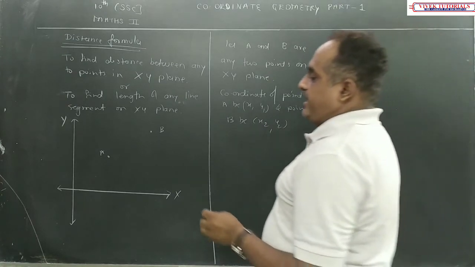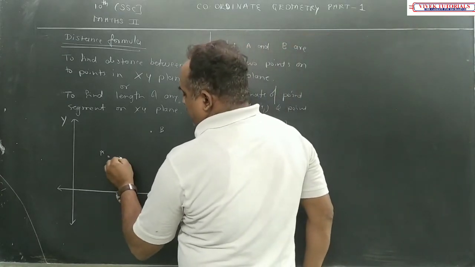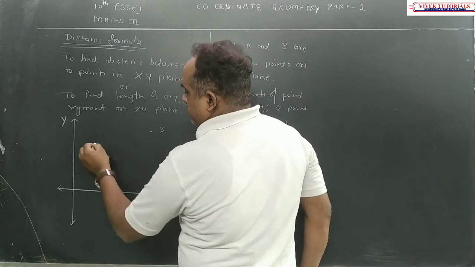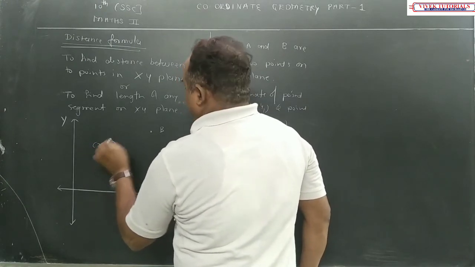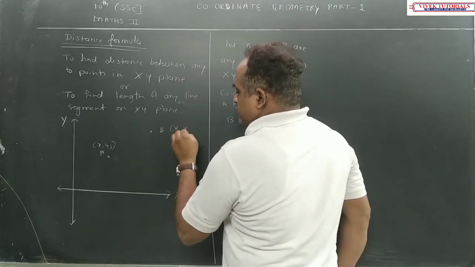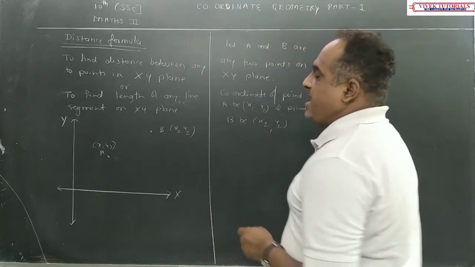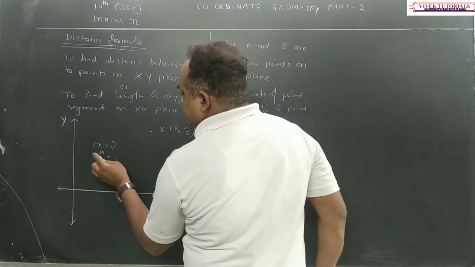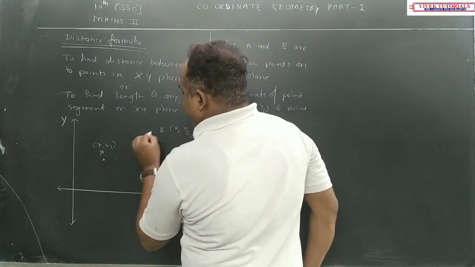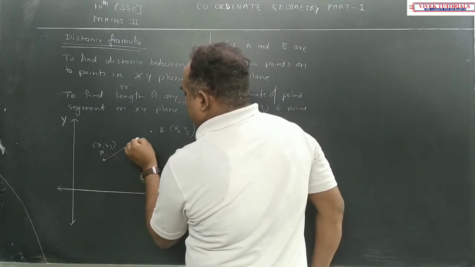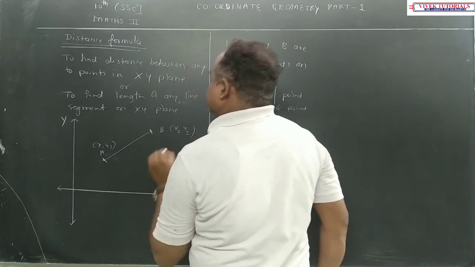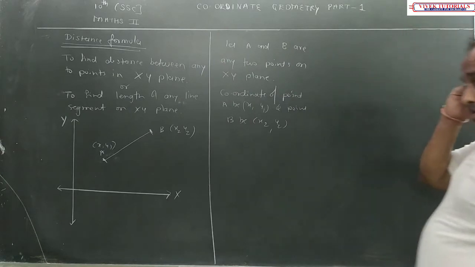The coordinate of A is x1, y1, and this will be x2, y2. And we have to find the distance between the 2 points. We have to find the distance of AB.